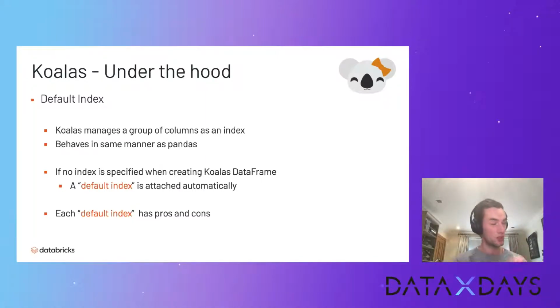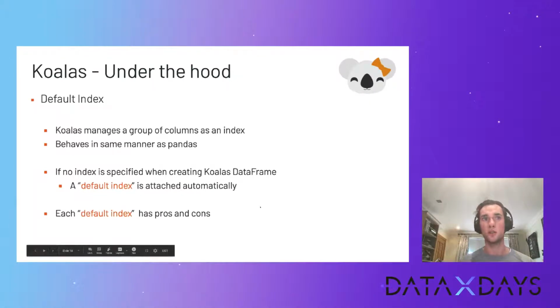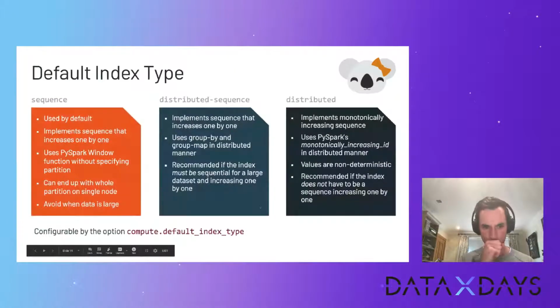But choosing an appropriate default index type is hugely important, in that users can and will run into slow performance if their choice of default index type isn't well suited to the use case at hand. And I'll just walk us through a couple of instances of that.